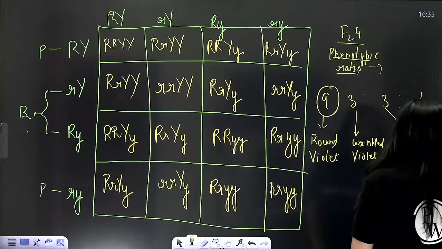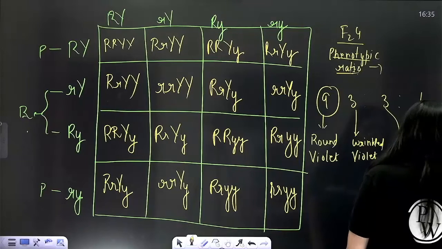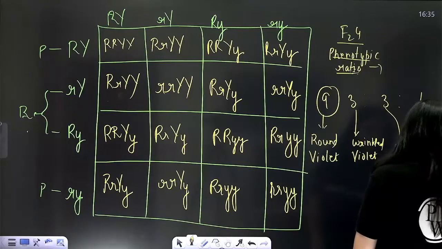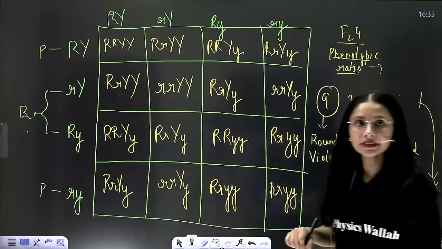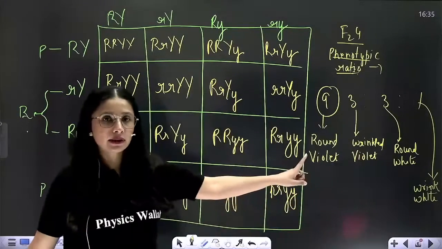And 1 combination was such where all were wrinkled with white colored flowers. Clear? So this was the phenotype that he saw.